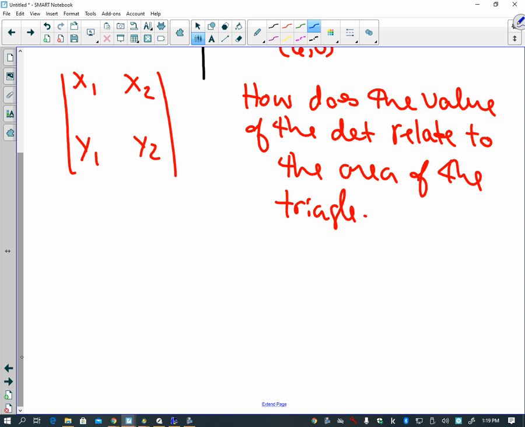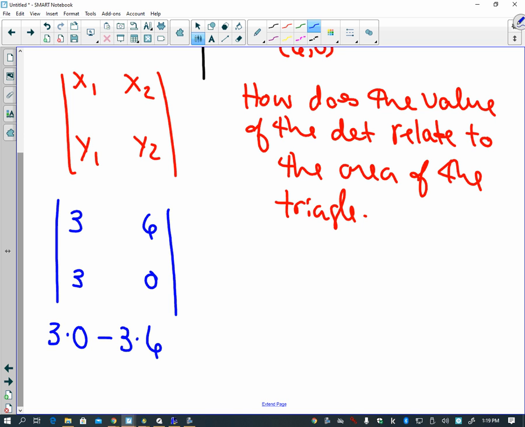What was x1? 3. What's x2? y1? y2? 0. Okay, how do I find a determinant? A times D, so 3 times 0.